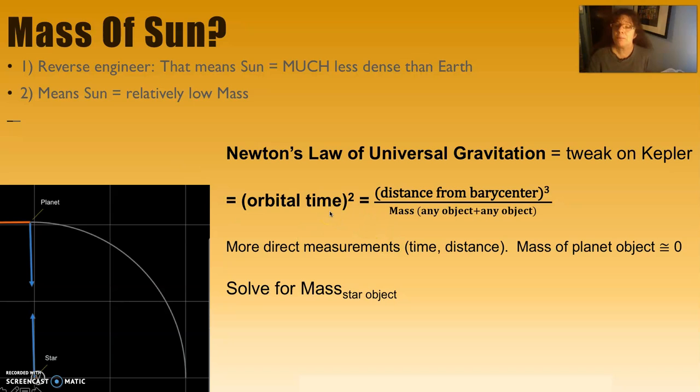That was done by a tweak on Kepler's third law. Remember, Kepler's third law equated orbital time in Earth years squared to the distance between the sun and another planet cubed.